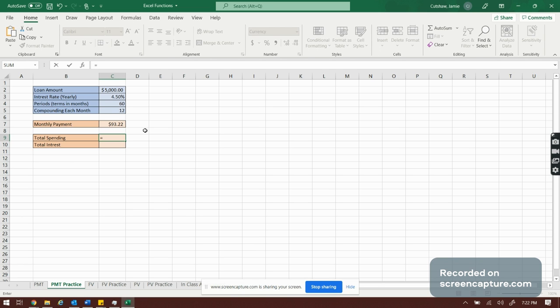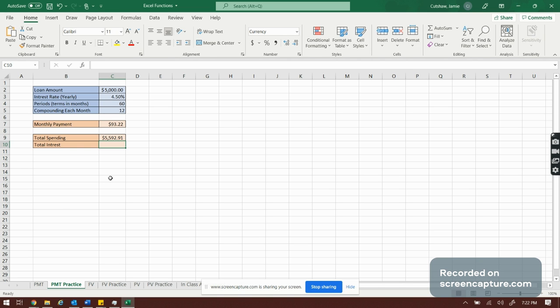We're going to take 60, our number of periods, and multiply that by our 93.22. Why we're doing this is because we're making this payment of 93.22 every single month, but we're doing it for 60 months.